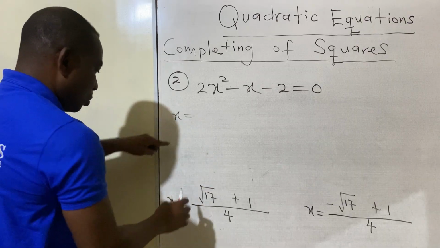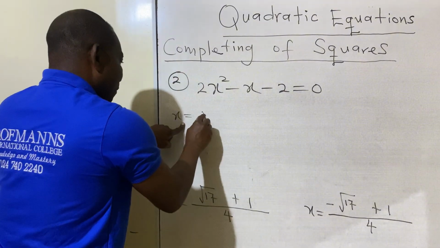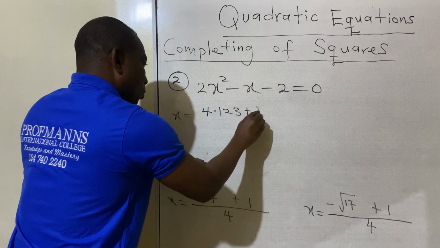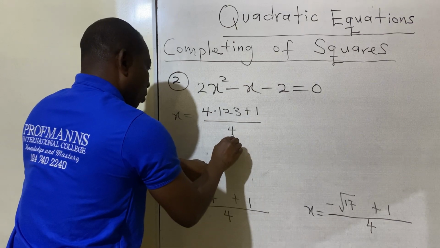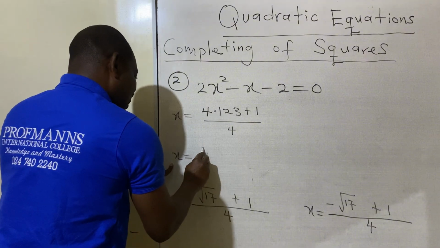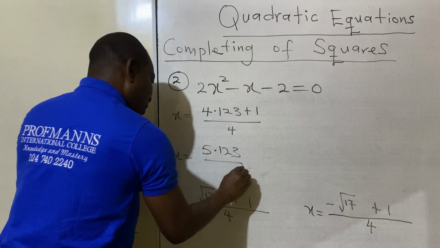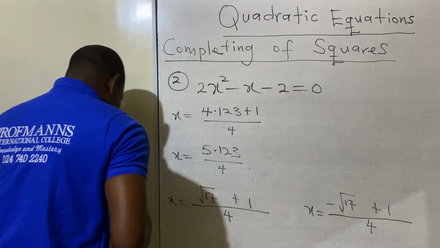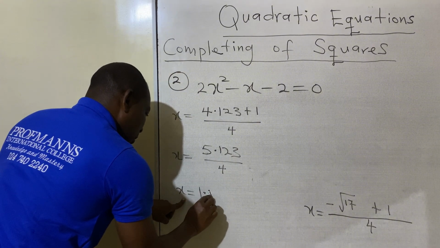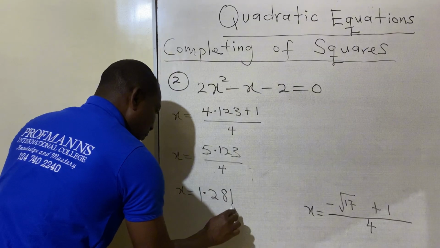X is equal to root of 17 gives us 4.123 plus 1 over 4. X is equal to, when we add this, it gives us 5.123 over 4. X is equal to 1.281.